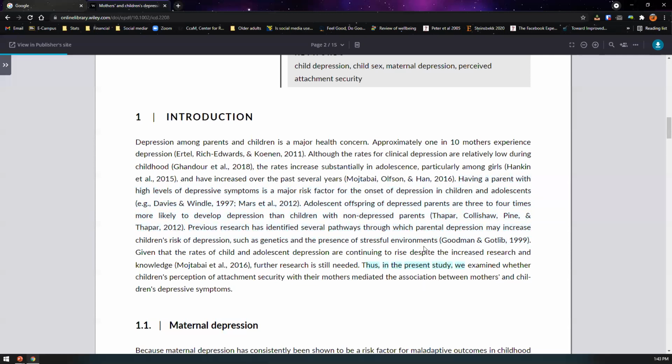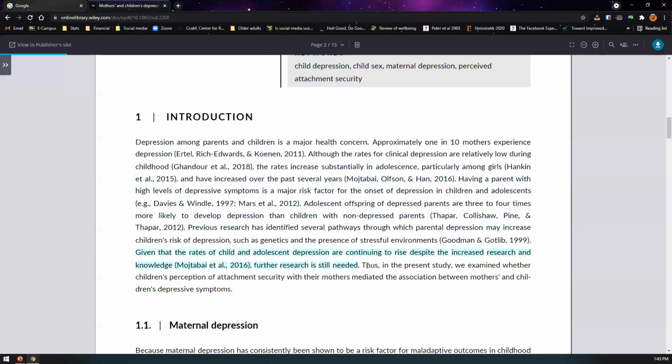So hopefully you can see the general structure of this intro paragraph. And once again, yours does not have to be this long or as detailed. I just wanted to show you mine because hopefully you can see I start off with a general idea, hey, depression is bad, and here are some rates of depression. Then I talk about some prior findings. And then I transition into what's unknown, not necessarily what's unknown, but that further research is still needed because depression is still on the rise.